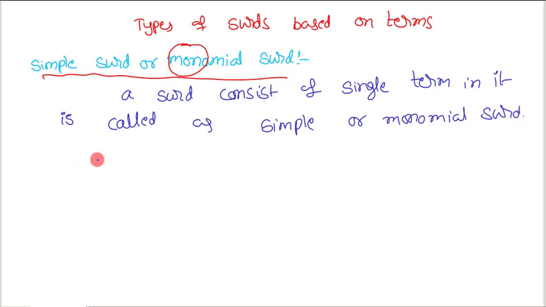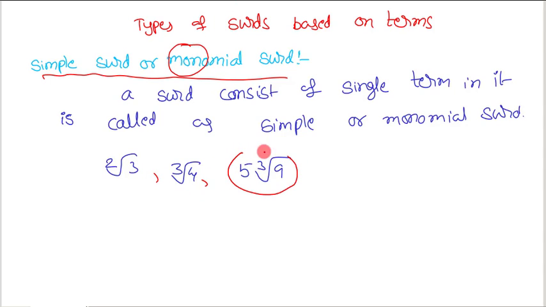Let us see some examples of simple surds: square root of 3, cube root of 4 and 5 into cube root of 9. You might wonder that in the first two examples we have only one term, but in this we have written 5 into cube root of 9.